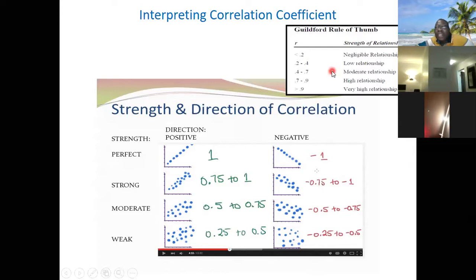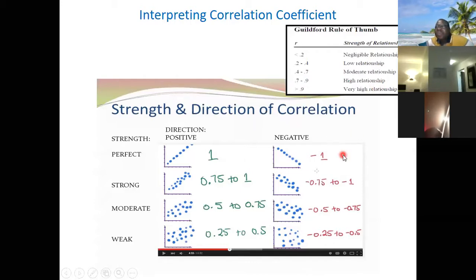So intelligent people came up with a rule of thumb: less than 0.2, negligible correlation; between 0.2 to 0.4, low relationship; 0.4 to 0.7, moderate; 0.7 to 0.9, high; then greater than 0.9, very high. 1, we know, is perfect.